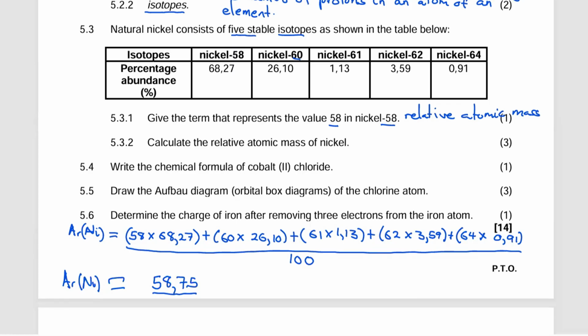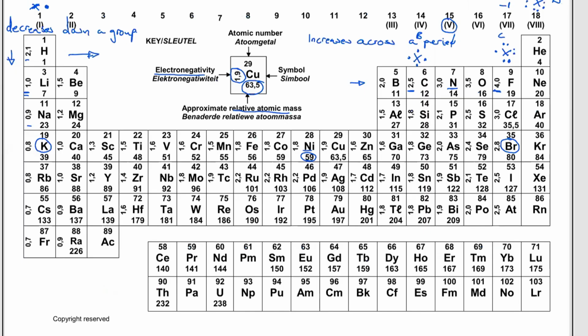Then I will proceed to question 5.5, where we have been tasked to draw the Aufbau diagram, the orbital box diagram, of the chlorine atom. So now we go to our periodic table and refer to chlorine.